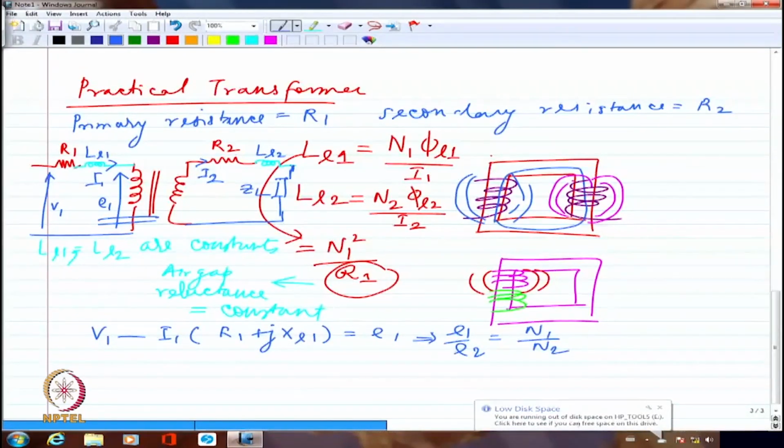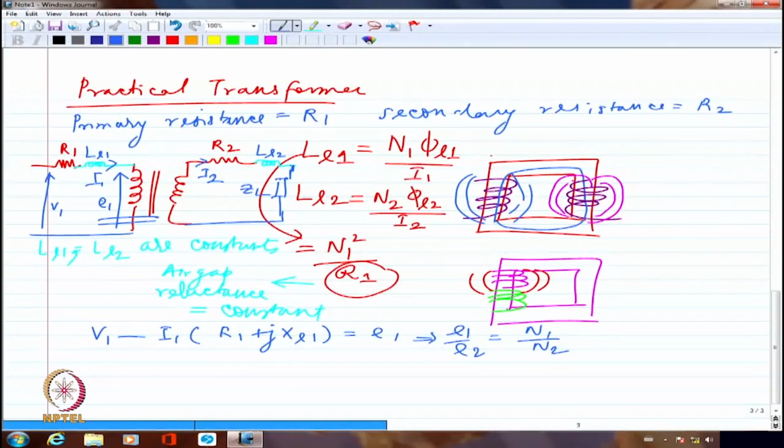V1 is the applied voltage. E1 is the voltage that is induced within the primary coil, which will be linking with the secondary coil as well. So obviously E1 will be less than V1, essentially because of the drop that occurs in the leakage reactance and the resistance of the primary winding.